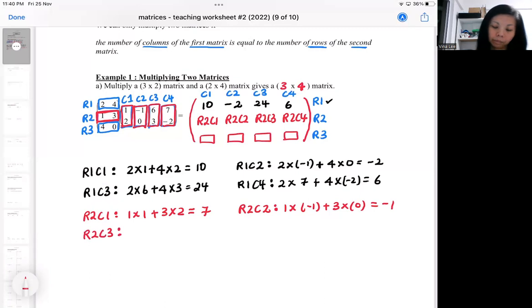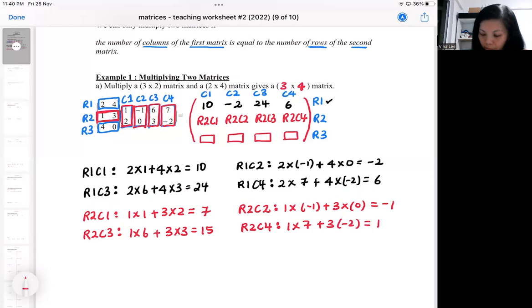R2C3, I will get 1 times 6 plus 3 times 3, 15. R2C4, 1 times 7, 3 times minus 2, 7 minus 6, there will be 1.